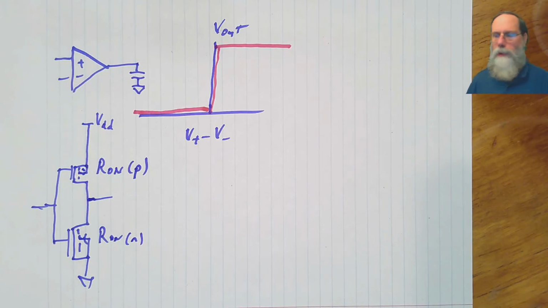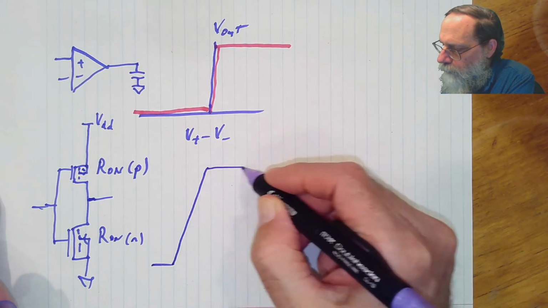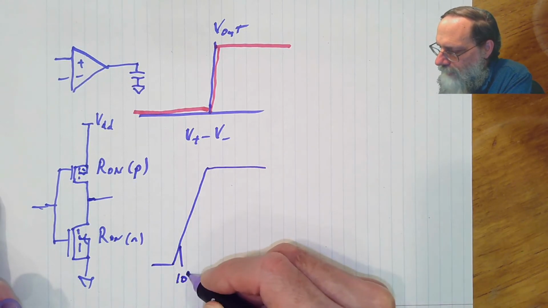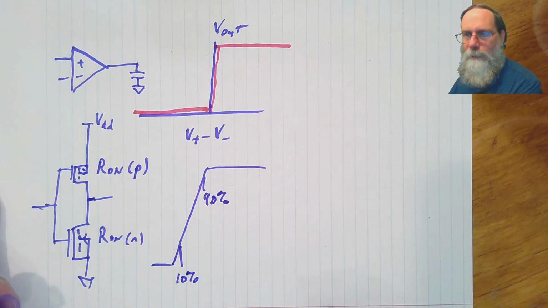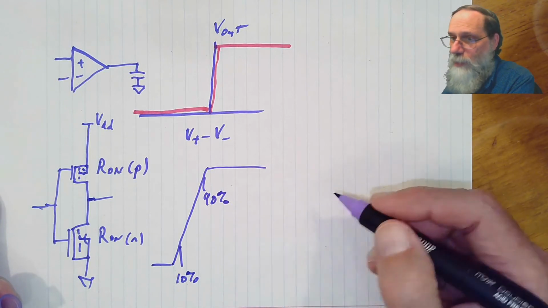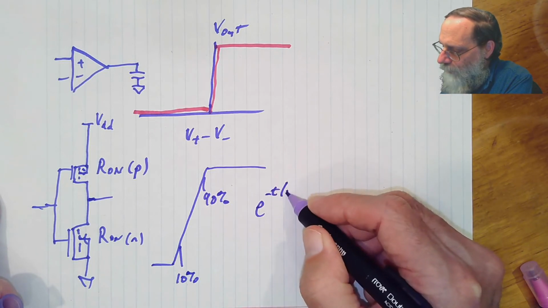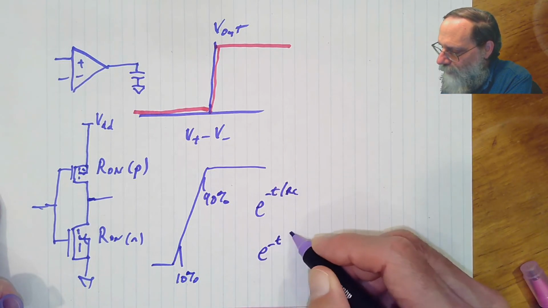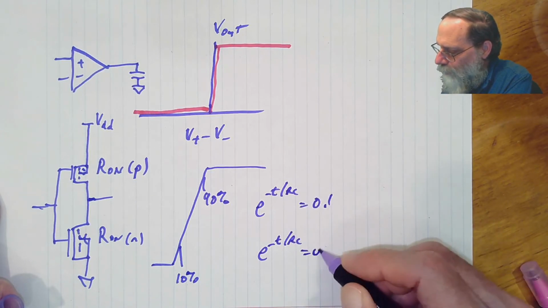We have to be a little bit careful here because when people talk about the rise and fall time of a signal, they're talking about going from 10% to 90% of the full swing. In terms of RC time constants, we have e to the minus t over RC equal to 0.1 or 0.9.